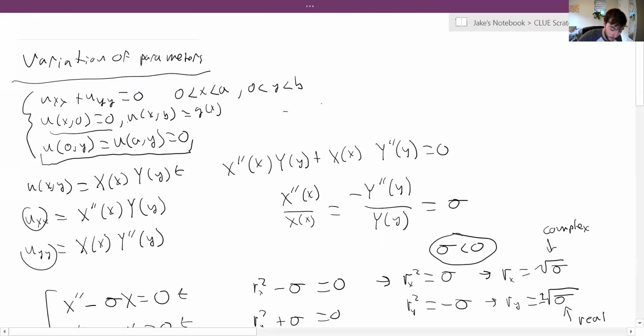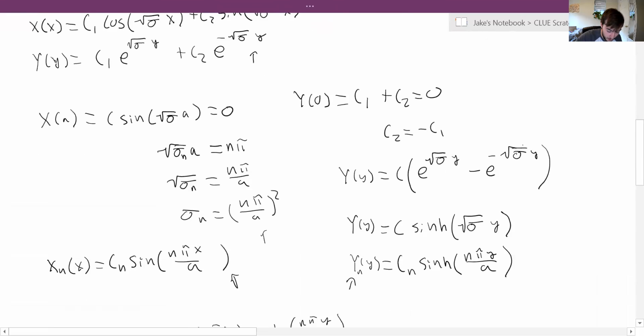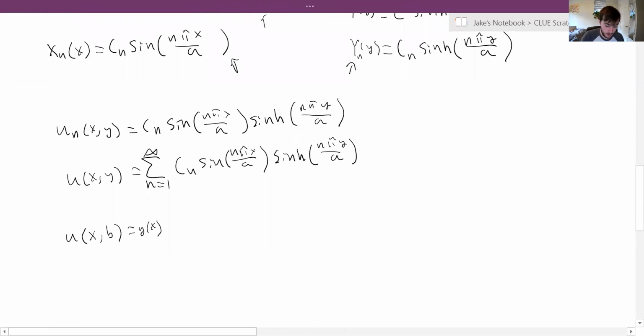Okay, so what we get here is, yeah, so we have this. Remember, our u of x, b is just going to be this with a b plugged in everywhere we see a y. So we know that g of x is equal to, that's not a sigma, C sub n.